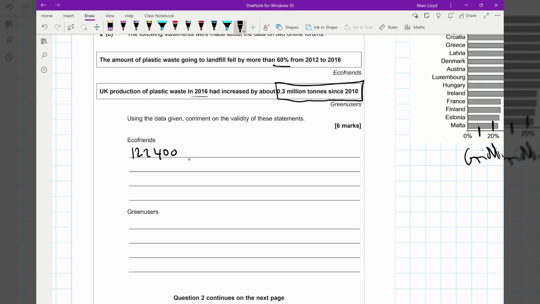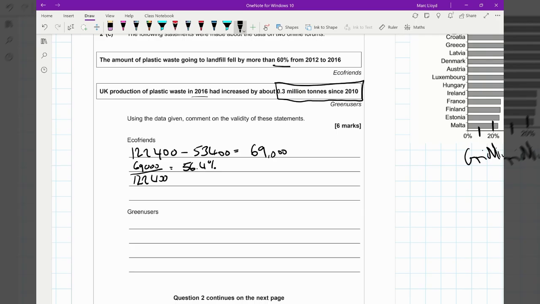122400. And then we're going to take away 53400. That's going to tell us what the drop was. So that has dropped by 69,000. And then if we do 69,000 divided by the original amount, that's going to tell us what that percentage drop was.